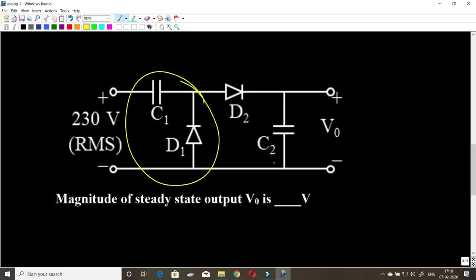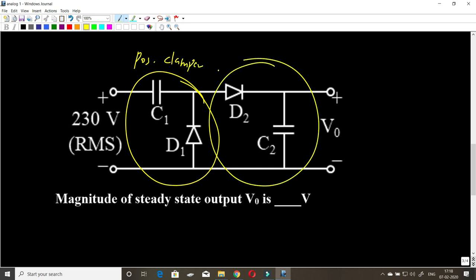The first block being C1 and D1, which together will form a positive clamper. And the second block comprises of D2 and C2, which will form a positive peak detector. So this circuit is a combination of a positive clamper and a positive peak detector.